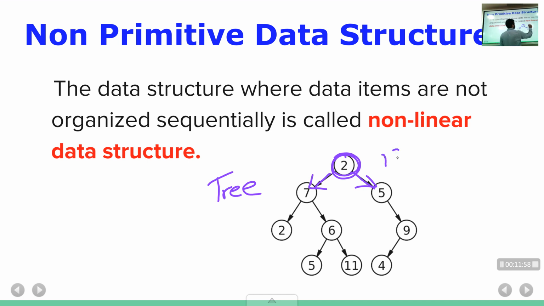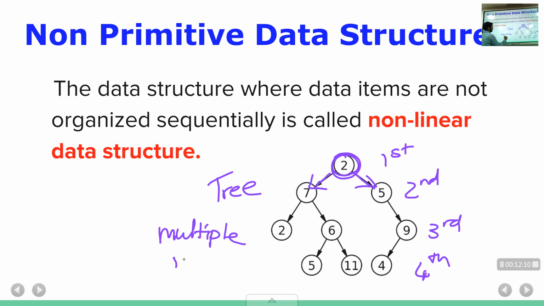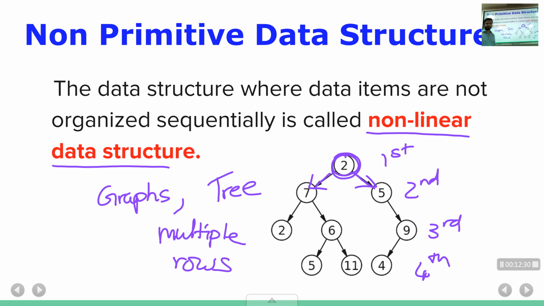This is the first row, this is the second row, third row and fourth row. There are multiple rows present. They cannot be stored in a single row. So trees and graphs are data structures which are known as non-linear data structures.